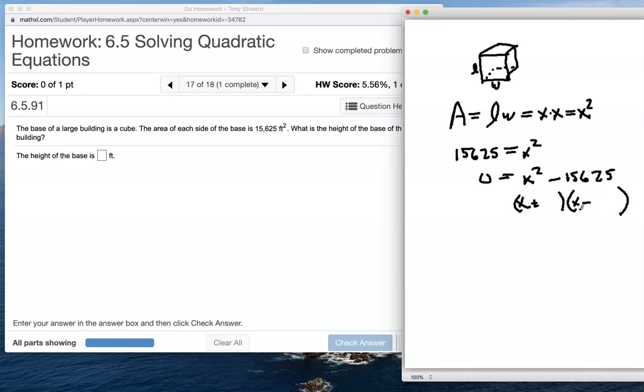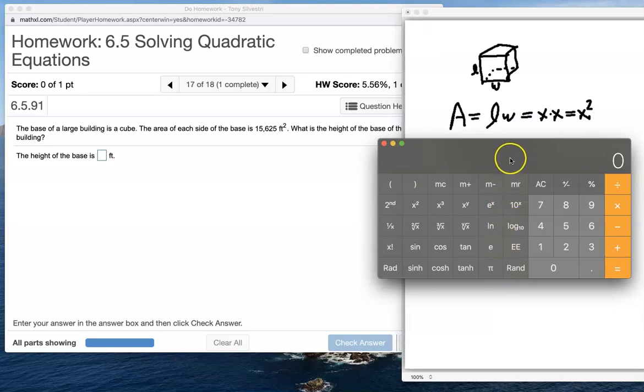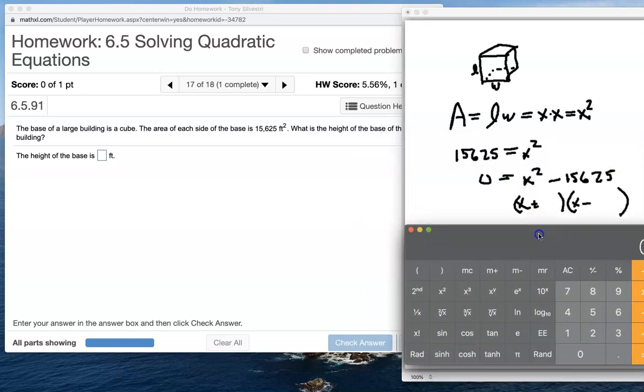Now we need to come up with a number that, when multiplied by itself, gives you this big number. Well, it's not a fair question, because in order to get that you need some sort of table of squares. I'm going to cheat a little bit and get my calculator going here. Remember the square root?